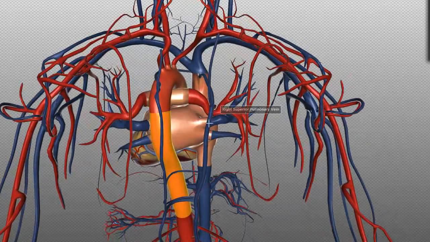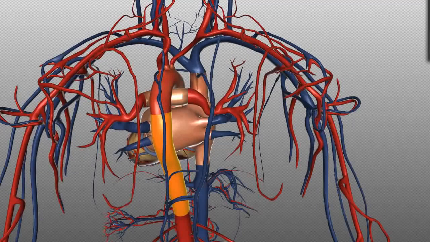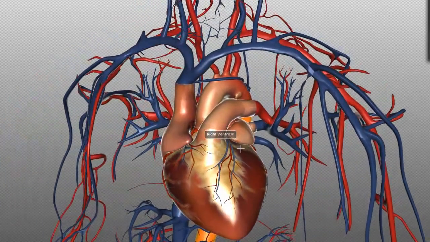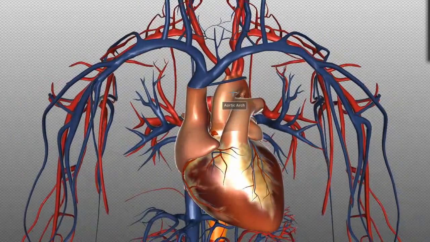So these are the pulmonary veins. You've got the pulmonary veins leading into the left atrium, carrying oxygenated blood. The left atrium contracts and shoots blood out of the aorta. The aorta then sends blood up to the head and to the rest of the body.